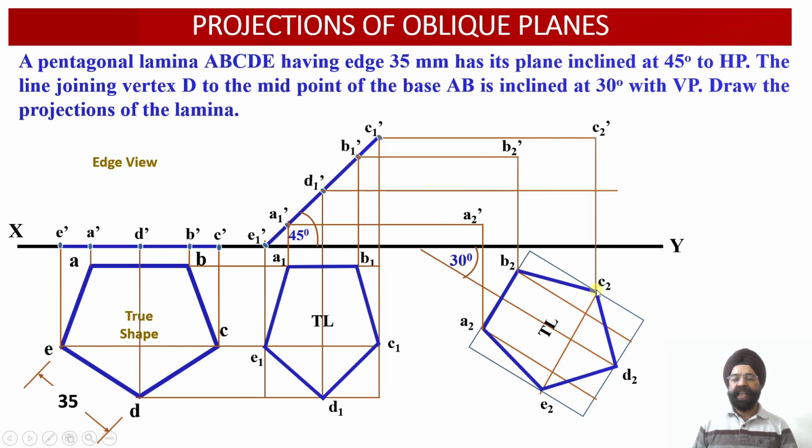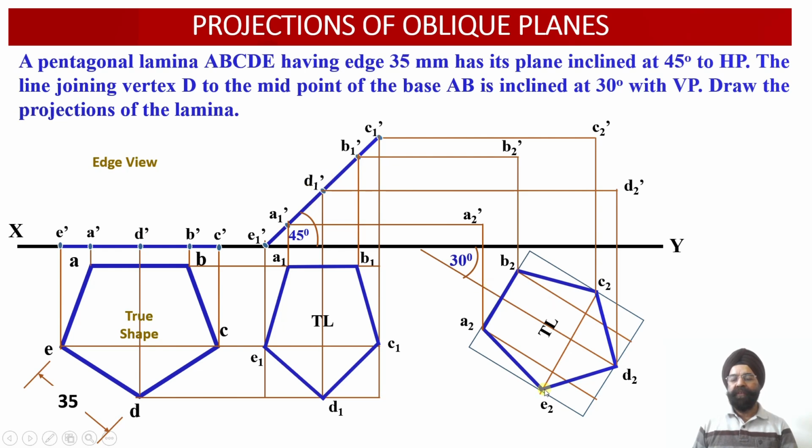Similarly, the intersection point of the vertical projector drawn through the point C2 and the horizontal projector drawn through the point C1 dash is obtained as point C2 dash over here, and the vertical projector through D2 we have drawn and extended up to the point where it intersects with the horizontal projector drawn through the point D1 dash in the elevation.